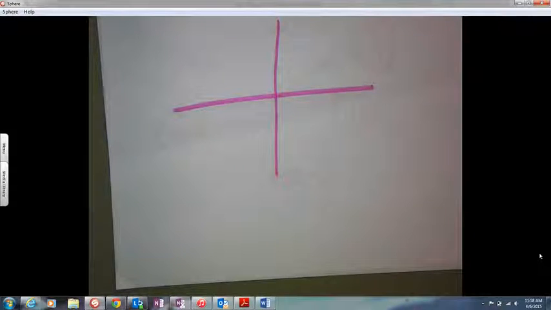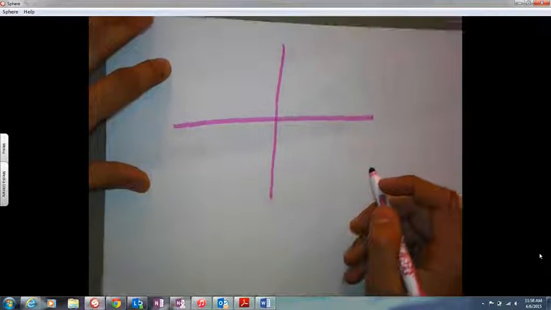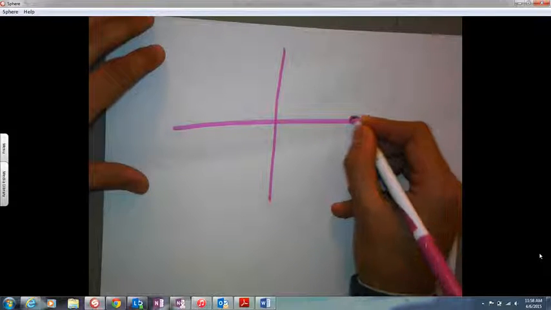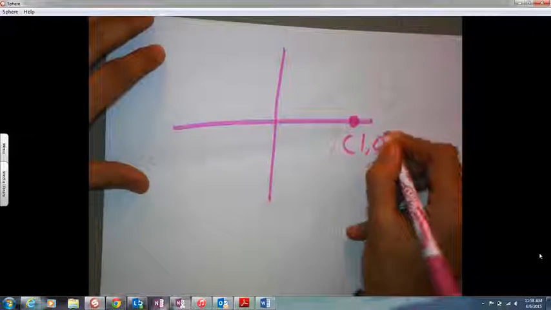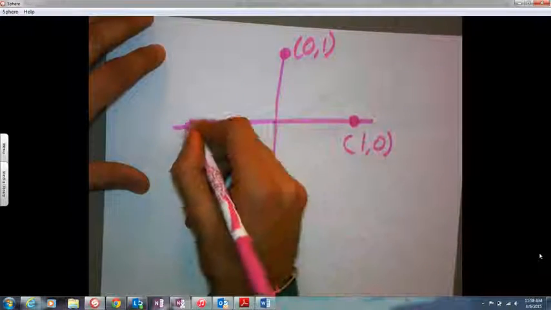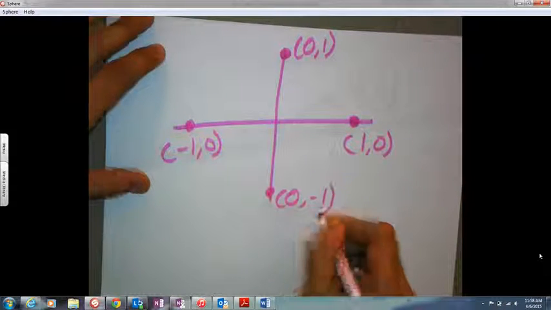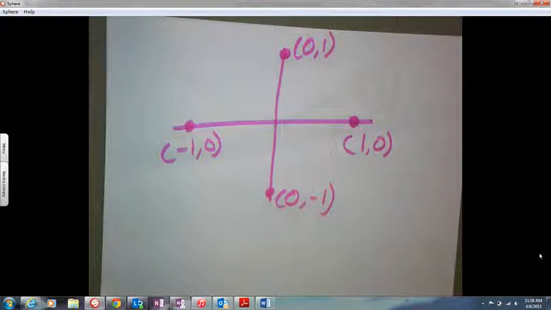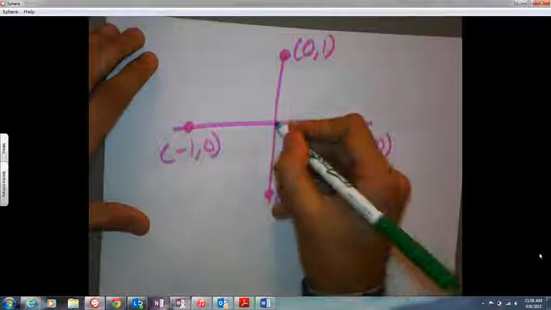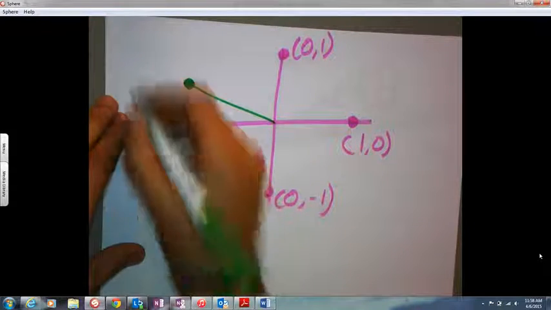Most of us are in this position, where we're like, I really don't know what the sine of pi over 6 is. All I know is that the unit circle goes through this point 1, 0. It goes through this point 0, 1. It goes through -1, 0. And it goes through 0, -1. Most of us know this. And then if you ask me where is 5 pi over 6, I'm like, okay, 5 pi over 6 is here in quadrant 2.